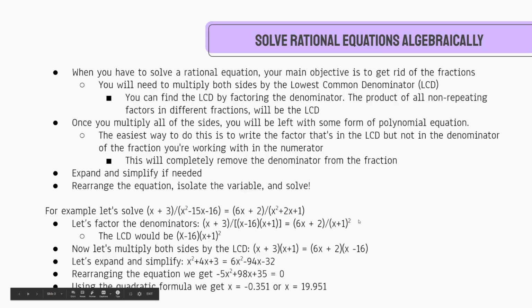For the second part, we multiply by the same LCD. We get 6x plus 2 divided by x plus 1 squared, times x minus 16 times x plus 1 squared. The numerator and denominator factors cancel out, and what we get is 6x plus 2 times x minus 16.